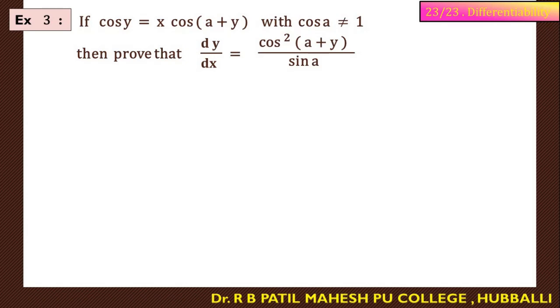The solution is very interesting and very simple also. We are proving this example in a different way. First, take the given function, that is cos y is equal to x into cos of a plus y. Here I am not differentiating this function directly.